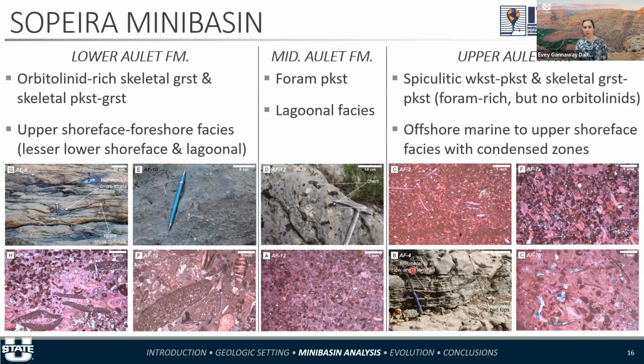And then we move into the upper Aulet where we have offshore marine to upper shore face spiculitic limestones in the offshore marine environment, and then up to skeletal limestones in the shore face environment. Really rich in forams, but no orbitolinids. Essentially what this boils down to is that these are generally deeper environments in our upper Aulet, where orbitolinids are not happy, whereas our lower and middle Aulet represent relatively shallower water environments.